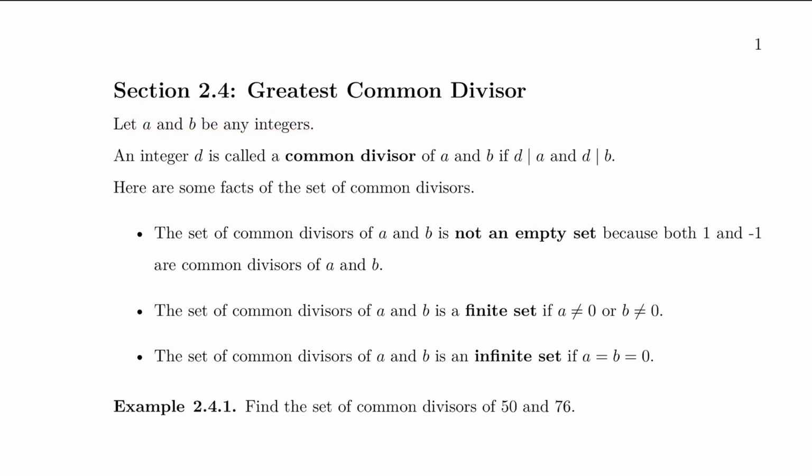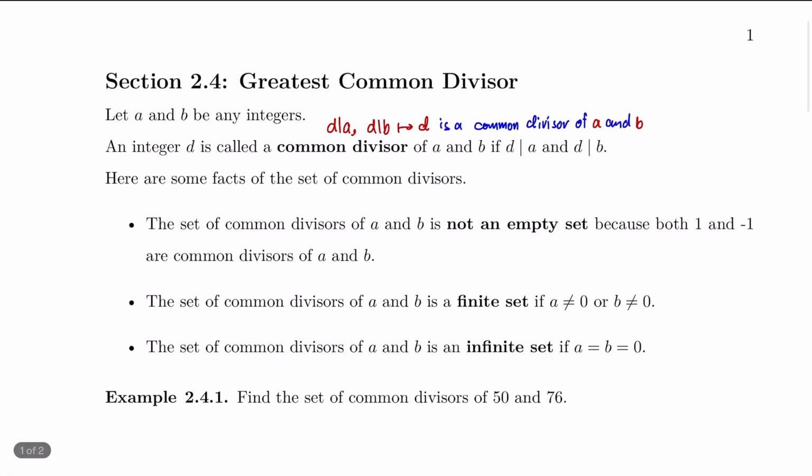If we let d be an integer such that d divides a and d divides b, we could say that d is a common divisor of a and b. That's what we know.